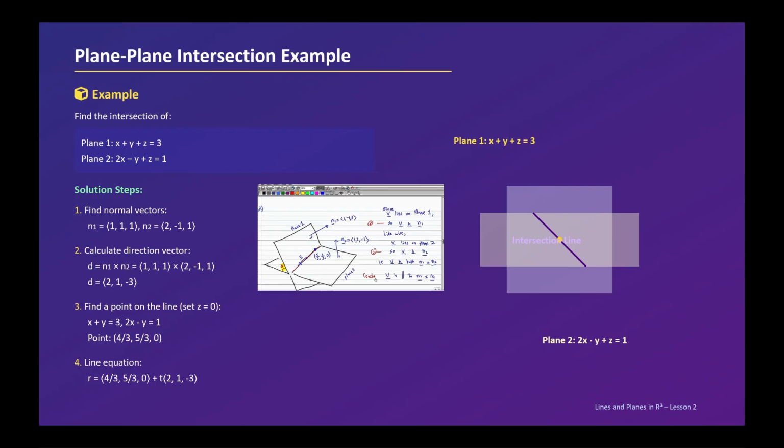We compute the cross product to get the line direction. Then we find a point on both planes, usually by setting z to 0 and solving the two-equation system. Together, the point and the direction vector give us the complete intersection line.